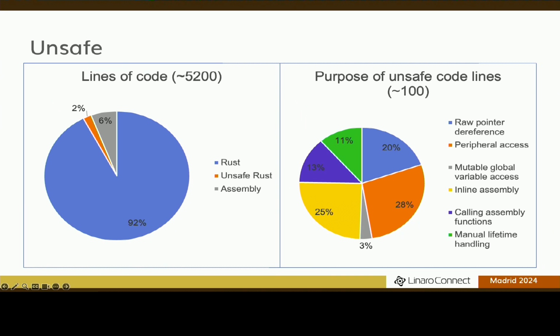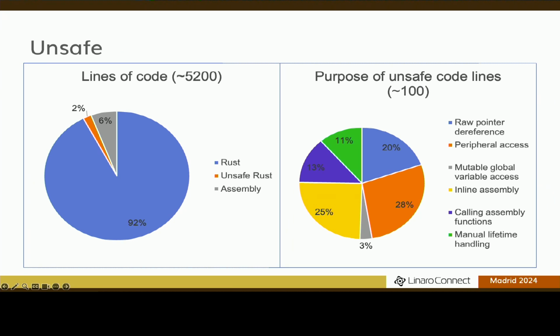Still, only 2% of our current code lines is unsafe Rust. We have 6% of assembly, which is mainly the startup code, a couple of functions for context switching and exception handling. On the right side, you can see all the different reasons why we had to use unsafe.